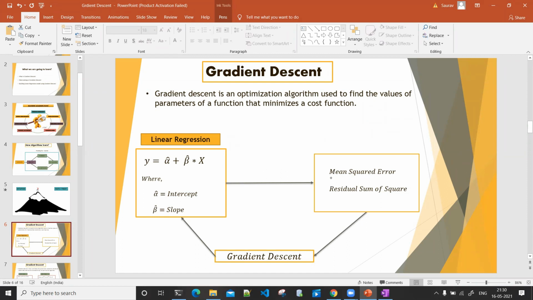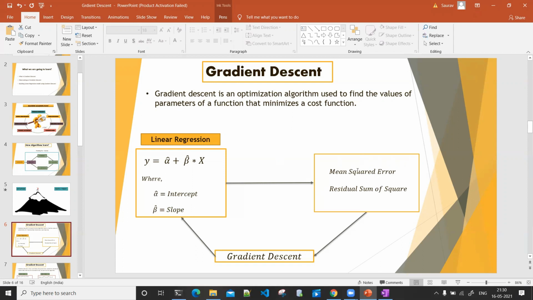Loss can be anything like mean squared error or residual sum of squares. On a broader level, they do the same thing. When you go into the depth of how mean squared error is different from residual sum of squares, then we can talk about which is better. But on the broader level, they both do the same thing.